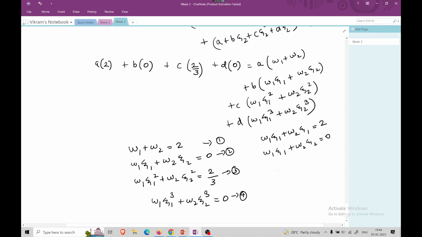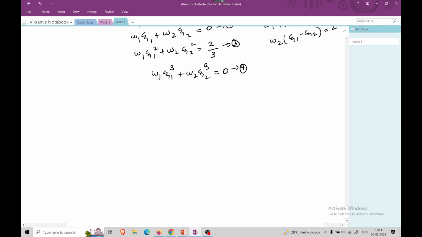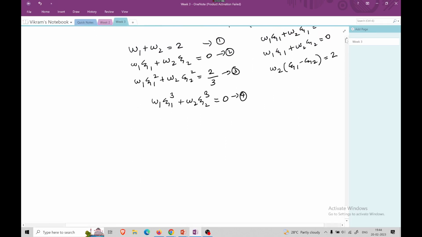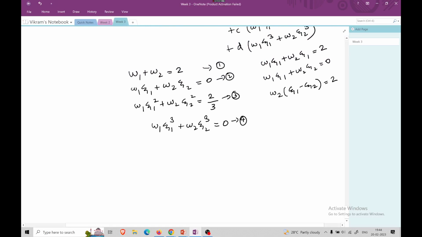If I subtract both, I'll get w2 into eta 1 minus eta 2 is equal to 2 eta 1. Yes, these both will cancel; if you subtract this, you will get this.